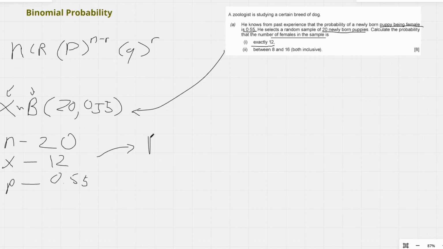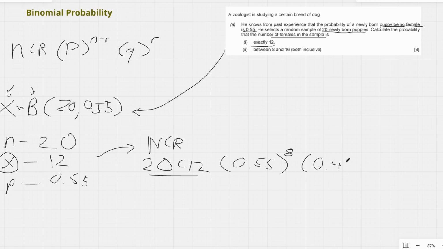And so to work out this question, we do nCr, which is 20C12, because x is our r, and then p to the power of r, which is 0.55 to the power of 12, and then n minus r, which is 8, times the probability 0.45, because q is 1 minus p, so it's 0.45, to the power of 8. n is 20, which is that n here.